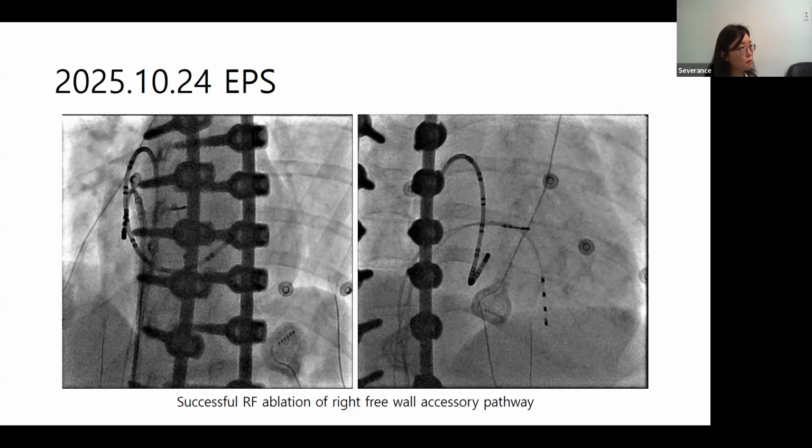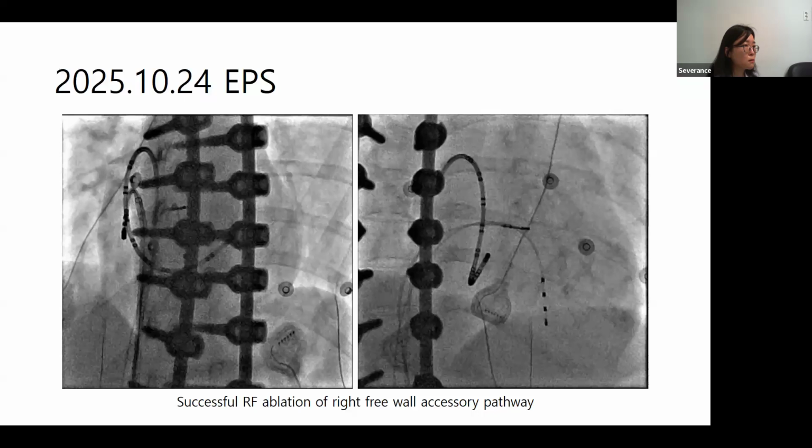When I was a 6th year fellow, a faculty member from another hospital came to me and asked, I tried to ablate the right side free wall bypass tract, and eventually I generated a heart block. How can it happen?